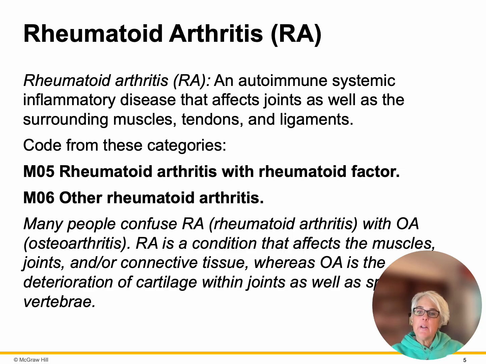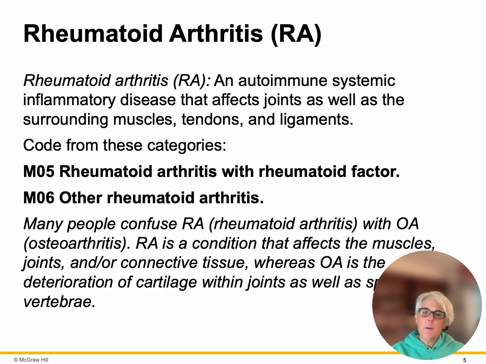A common point of confusion: RA versus OA, osteoarthritis. Important to remember, RA is an autoimmune inflammatory process, whereas osteoarthritis is more about cartilage wear and tear and bone changes.